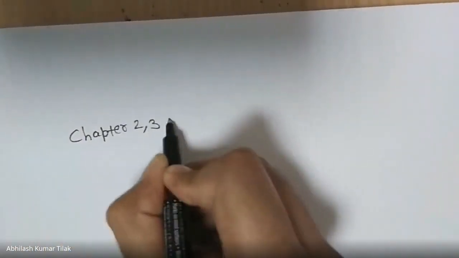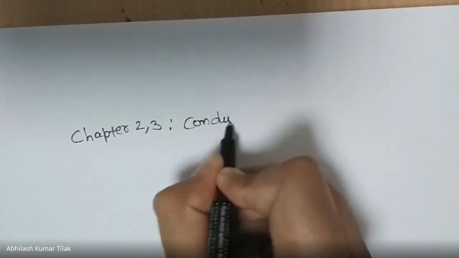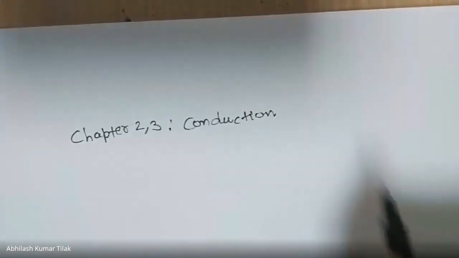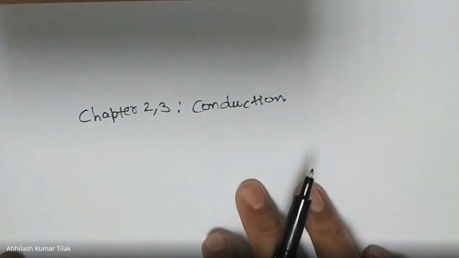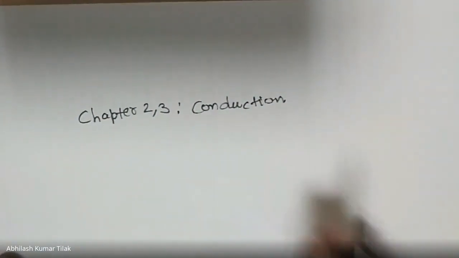So chapters 2 and 3 in your textbook deal with a detailed discussion on conduction. We have already discussed what conduction is in chapter 1, the basics of heat transfer, and the basic laws of heat transfer.